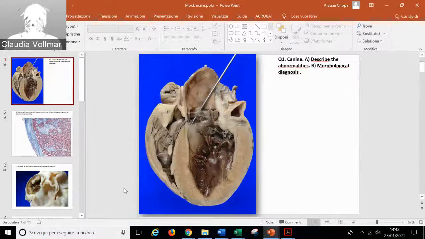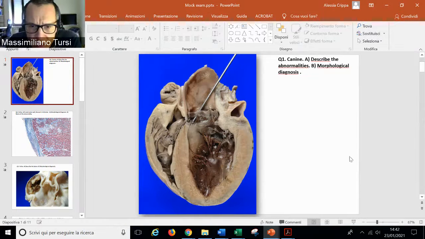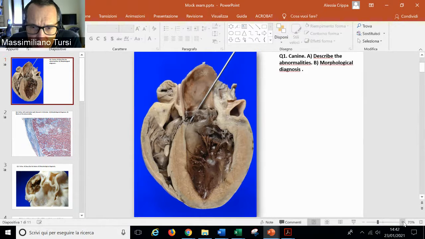That's the first one. Okay, the question: describe the abnormality and the morphological diagnosis. Here we have two abnormalities. The first, and there is also the probe underlying the lesion, is in the leaflet of the aortic valve, and there is an erosion, in this case, very clearly.